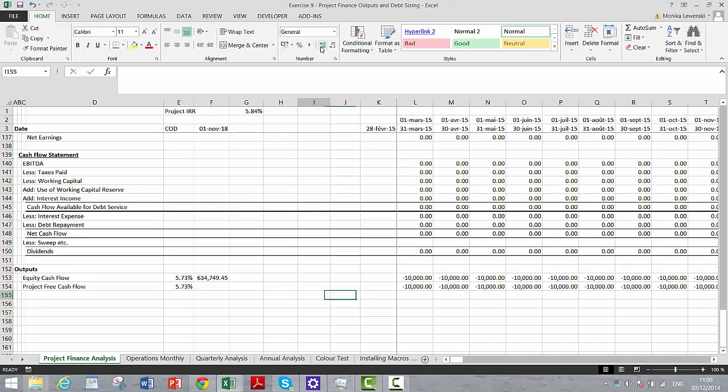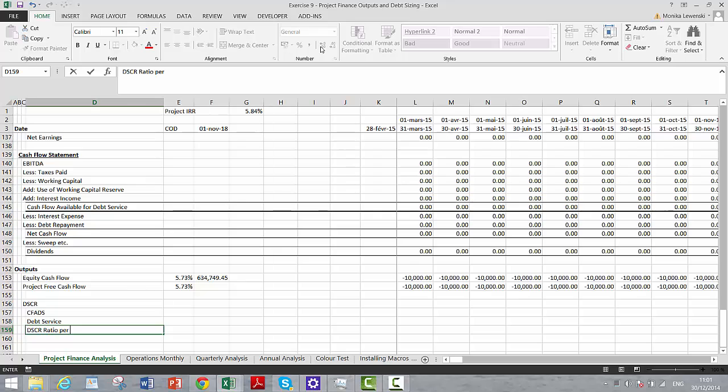All right, now let's compute some debt statistics. Let's compute the DSCR. To compute the DSCR, we again look in the cash flow statement for CFADS, and we compare that to the debt service, and then we get our DSCR ratio per period, which is really per semi-annual period.